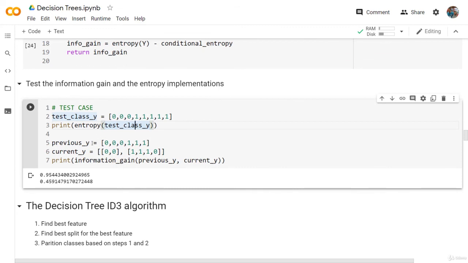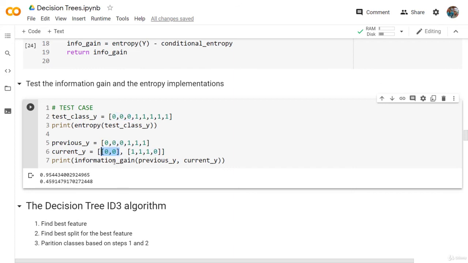So here we have previous y. This is the predictions I will make before you ask the question. Okay? And these are the predictions I will make after you ask the question. So this is before and this is after. And as you can see here, if we merge this with this, we should have the previous y, right? So here we have 0, 0, and here I have 1, 1, 1, 0, right?